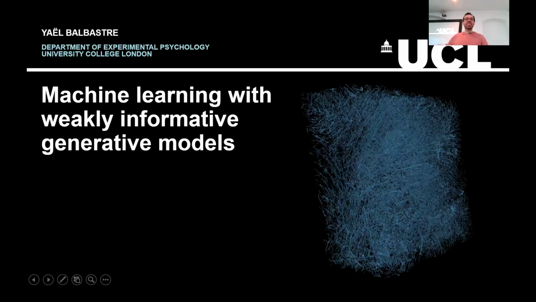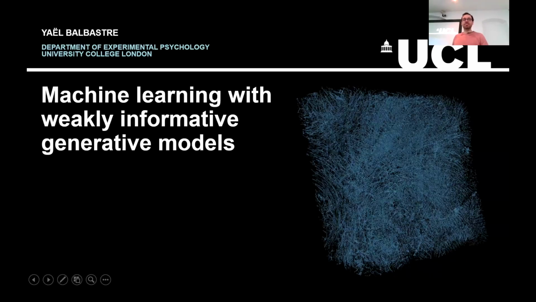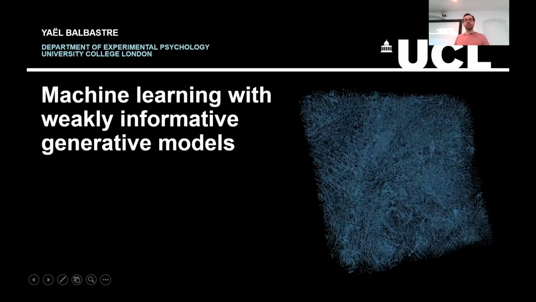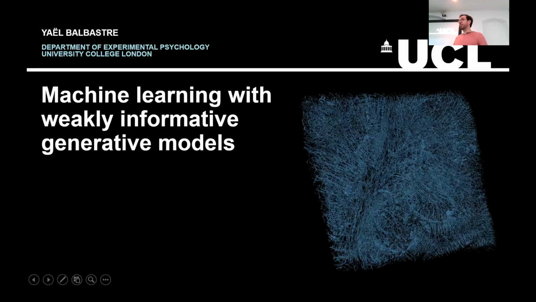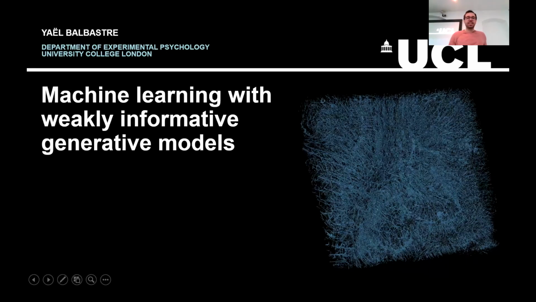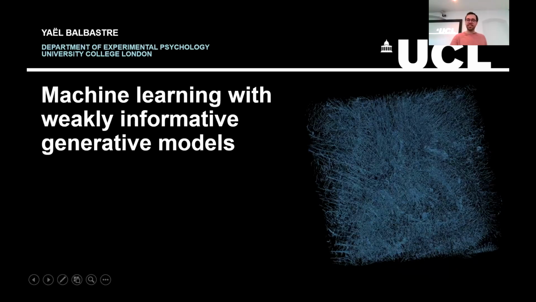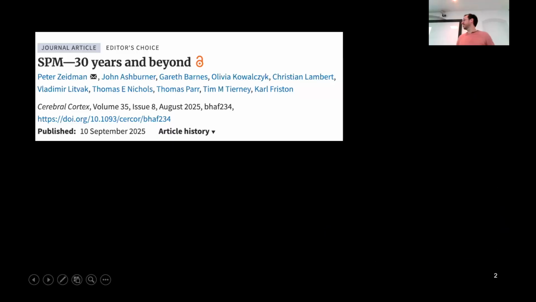Yeah, the title is a bit broad, but I'm really going to talk about segmentation in lots of different types of images. But there's also one point I want to make, and a good segue into that is this recent paper that some of you have written, and I hope everyone else as well, about what happened in SPM in the past and what's going to happen in the future.